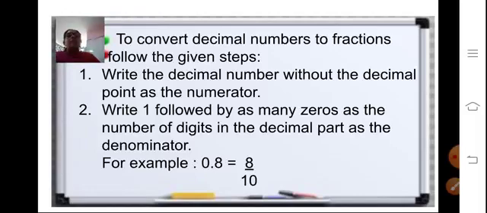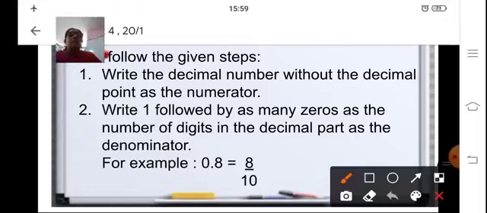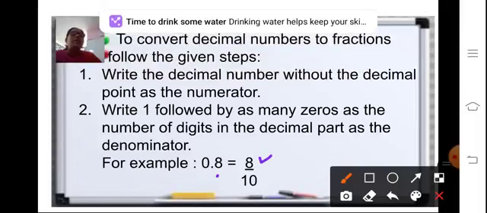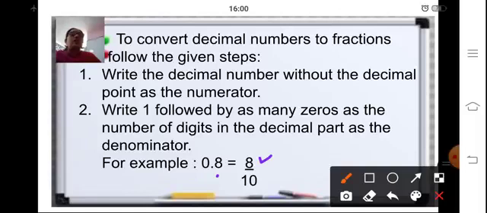For example, you can see here it is 0.8. Now this 8 you write as it is, the decimal number without the point. Now it is 0.8, so after the point you have got only one digit. So it will be upon 10.